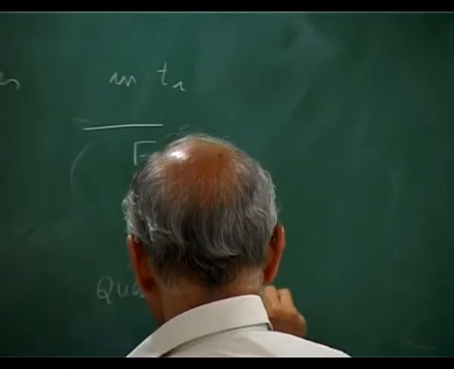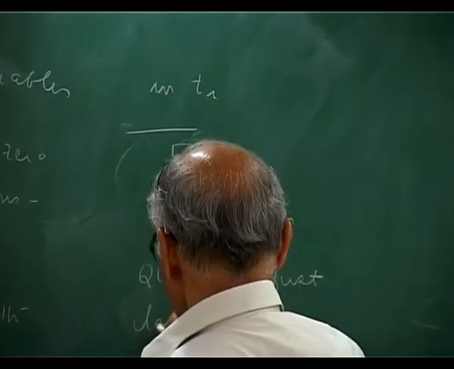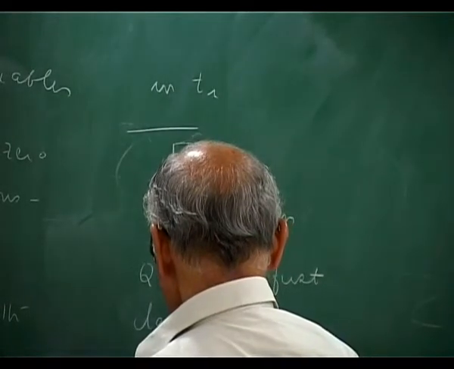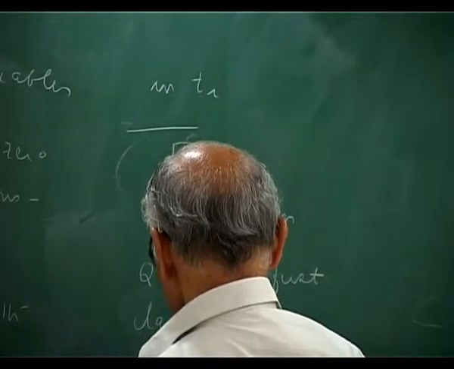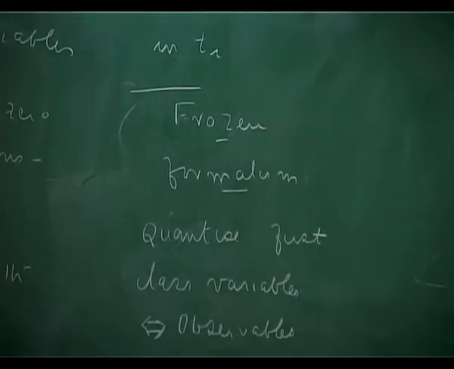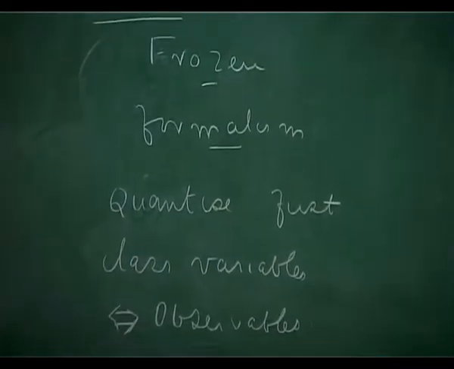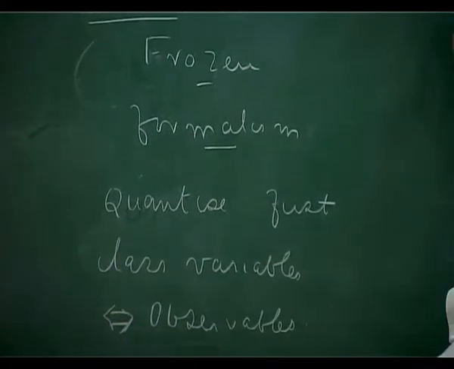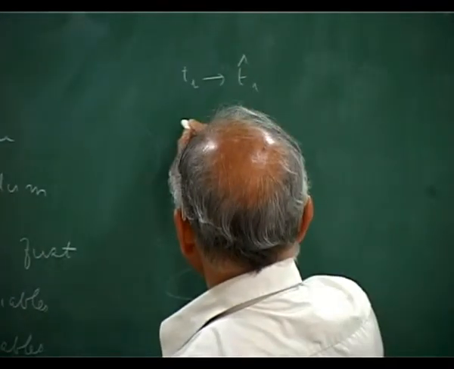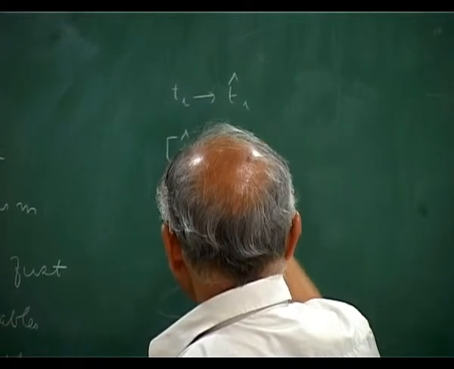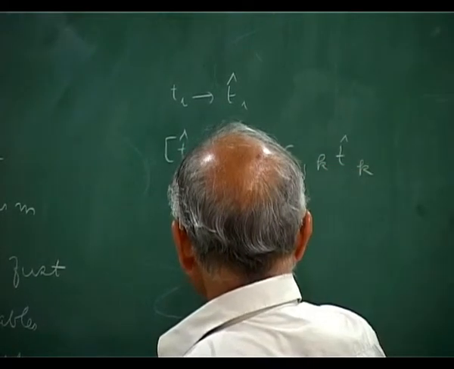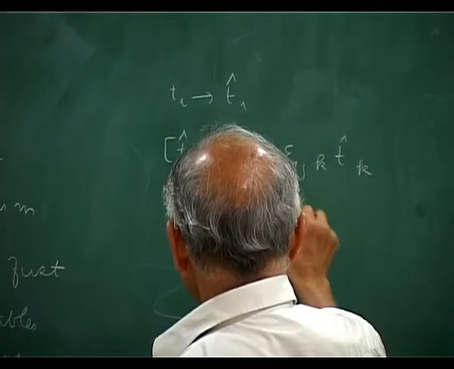the first class variables, which we would call observables. Since on quantization they go into operators, T hat_i, T hat_j gives i epsilon_ijk T hat_k, with T hat dot T hat equal to lambda squared.